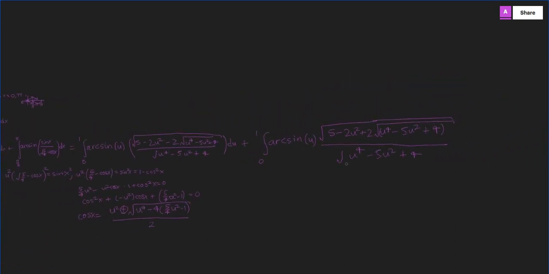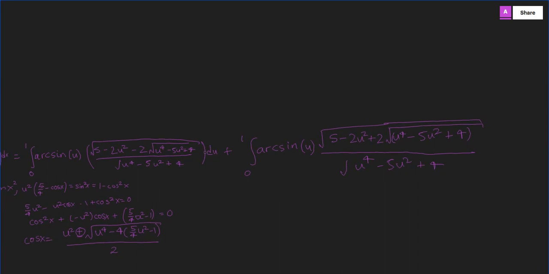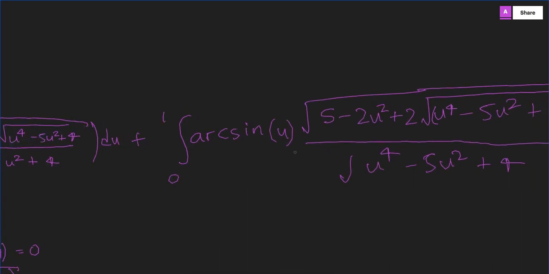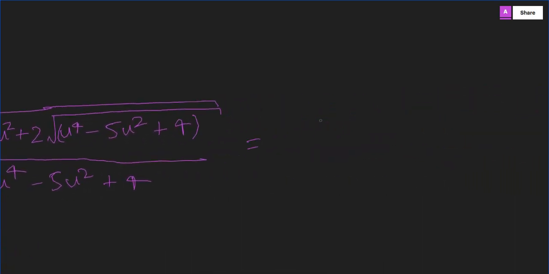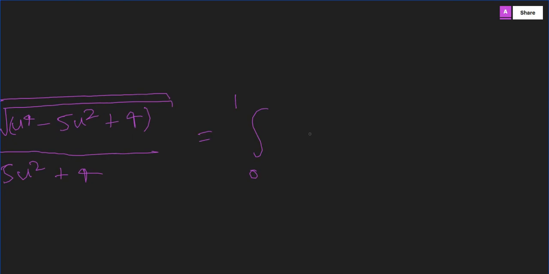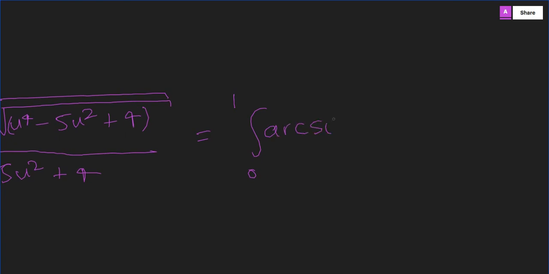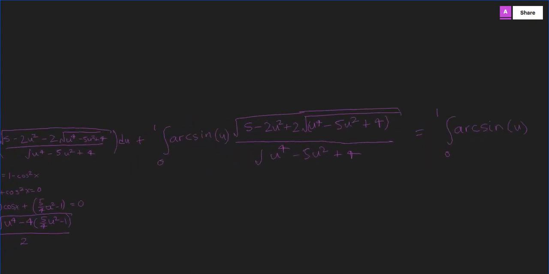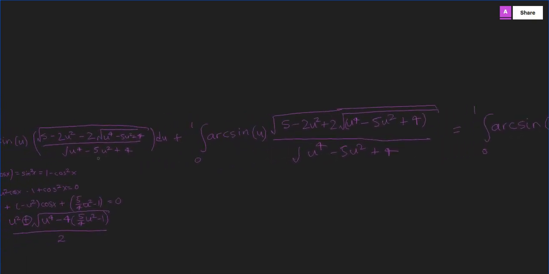So now that we have this really long expression, I'm sorry for my handwriting, we can just add the integrals since the bounds are the same and arcsin u is common. So this is the integral from 0 to 1 of arcsin u. Adding these two is really easy since they have the same denominator, so it's just root of 5 minus 2u square minus 2 root u to the power 4 minus 5u square plus 4, plus this entire thing, so just these two added, and then this is the denominator.